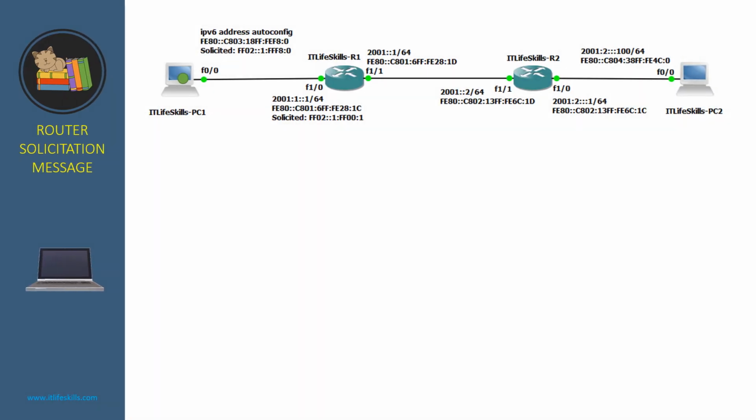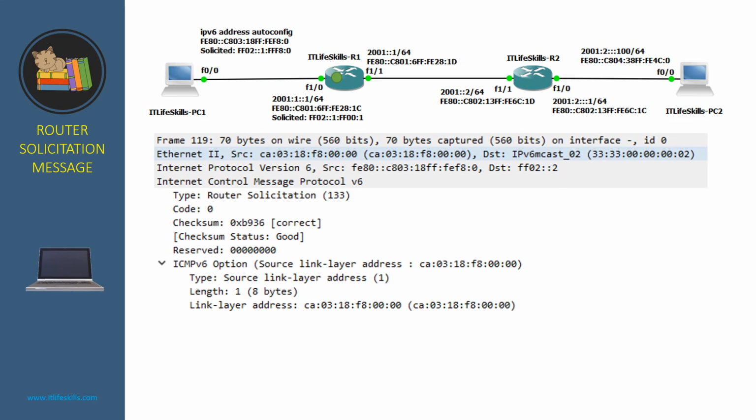When configured with IPv6 address autoconfig, NDP allows PC1 to request its IPv6 address configuration from a local router by sending the router solicitation message. As you can see, here is the router solicitation message, and its source IP is the link local IP of PC1.